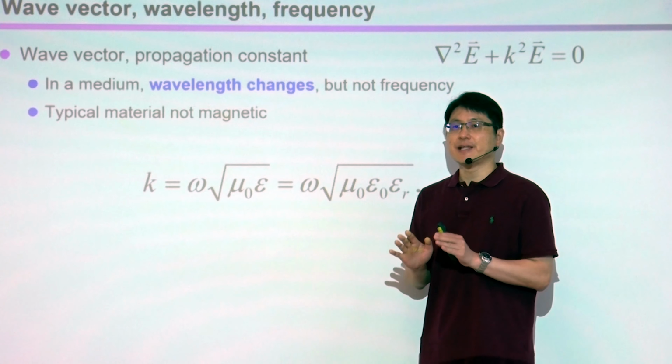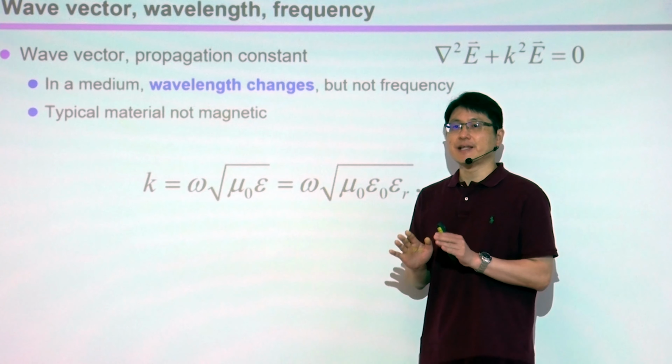What does that mean? Usually mu equals mu zero. In most materials, 99% of the materials are not magnetic. But most materials are electric, meaning epsilon can be different from epsilon zero. So usually we have epsilon r. Now if you still remember, multiplication of mu zero and epsilon zero and taking the square root, that is 1 over c.